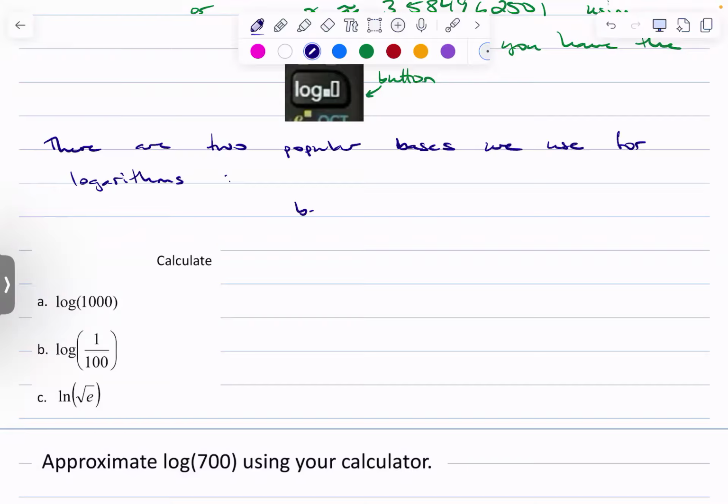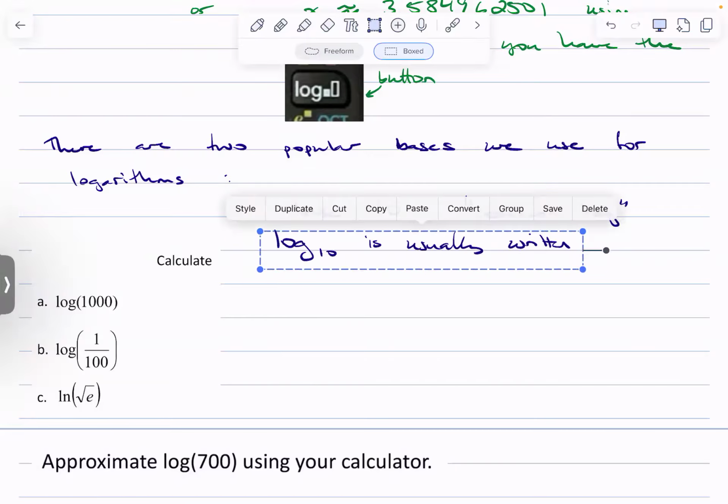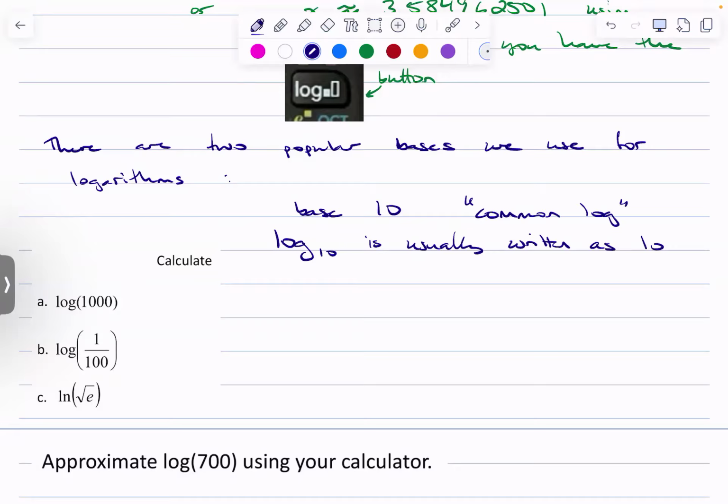Now, base 10 is called the common log. Usually we don't even write the base 10. So log base 10 is usually written just as a log.